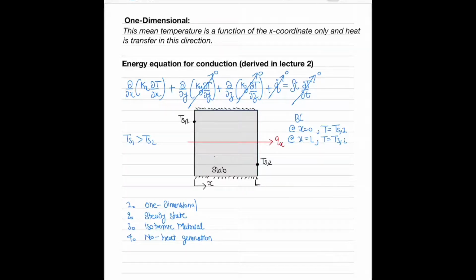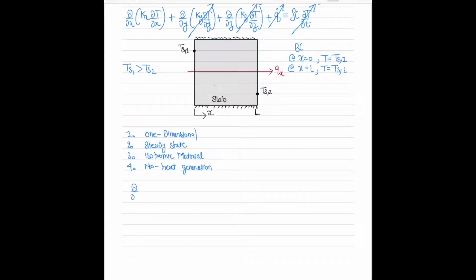So we are left with d by dx of Kx dT by dx equal to 0, where Kx is our thermal conductivity of the slab.